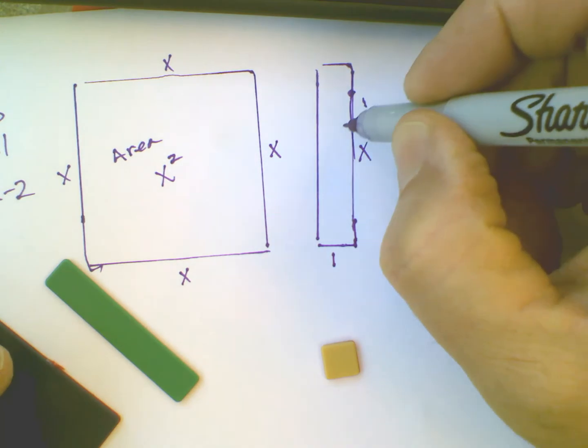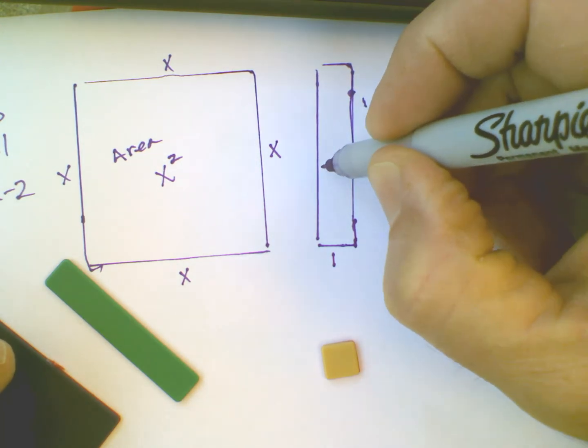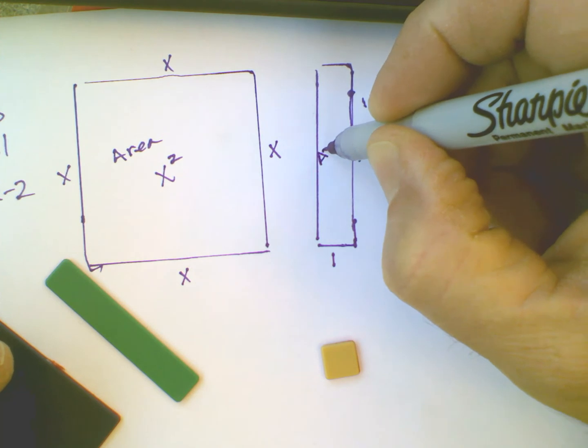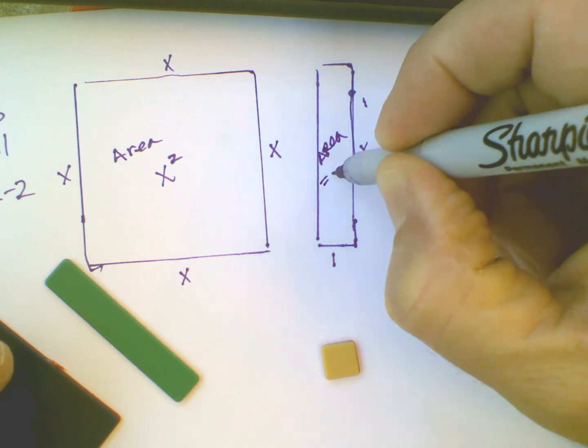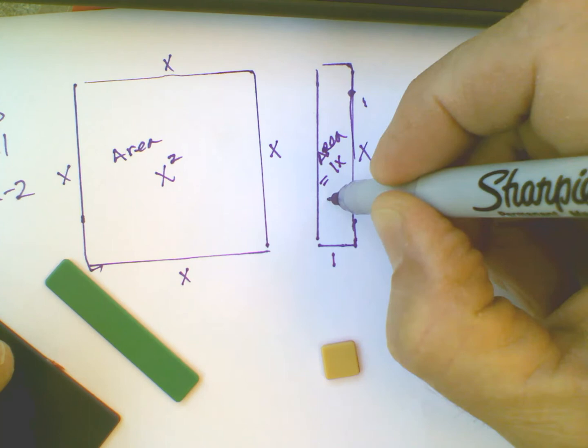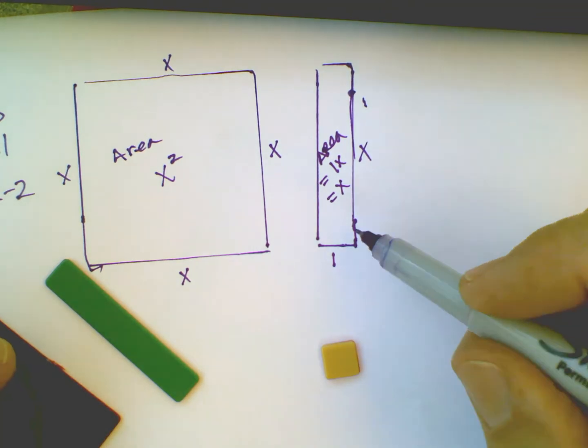So the area of this tile is equal to 1 times x, or just x. That's why they call it the x tile.